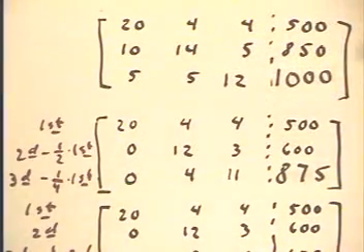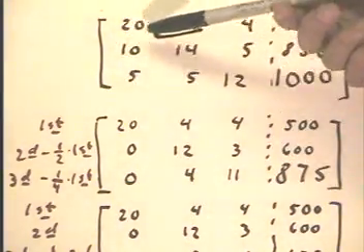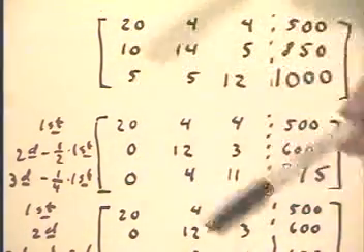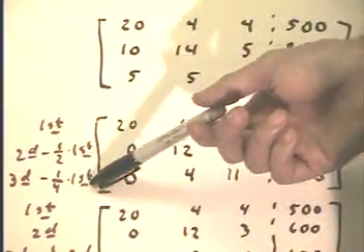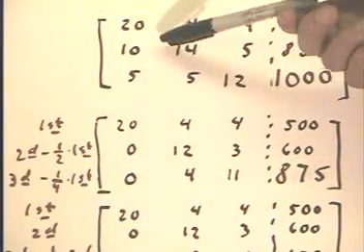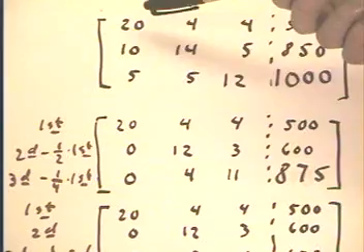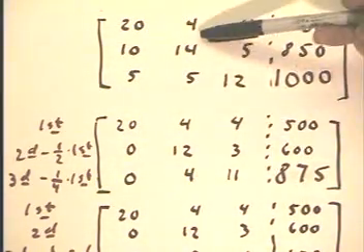And then we want a 0 here. Let's just do the same sort of thing, only we'll subtract 1/4 of the first row from the third and replace the third with what we get. So the third row will become third row minus 1/4 of the first. A fourth of 20 is 5. We subtract that from 5 and we get the 0. That's why we chose 1/4, so we would get the 0 there. A fourth of 4 is 1.